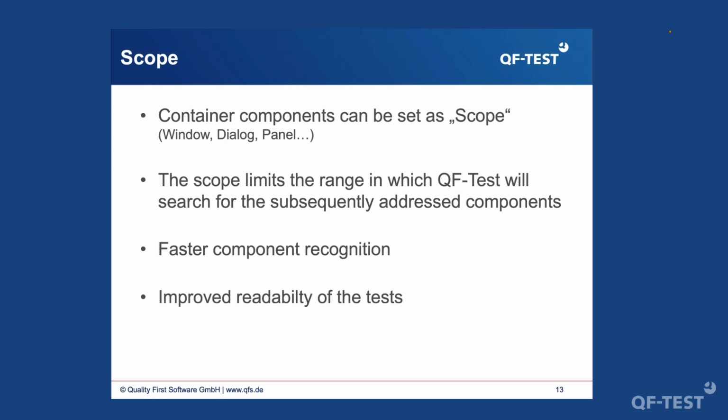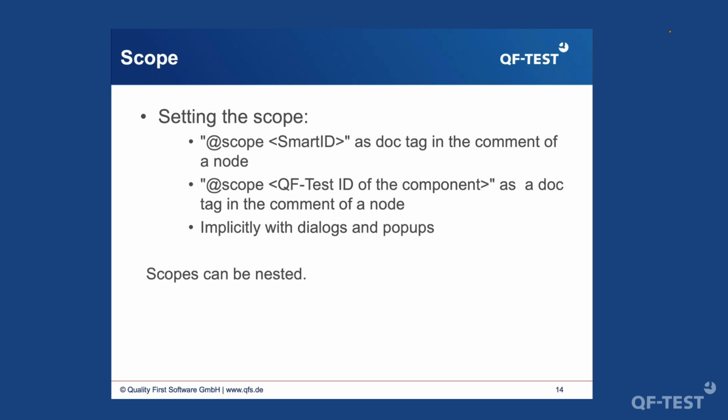So with this, you get a faster component recognition, and also the test is a bit better readable. I will show you this in the demo afterwards, how this is displayed in QF-test.